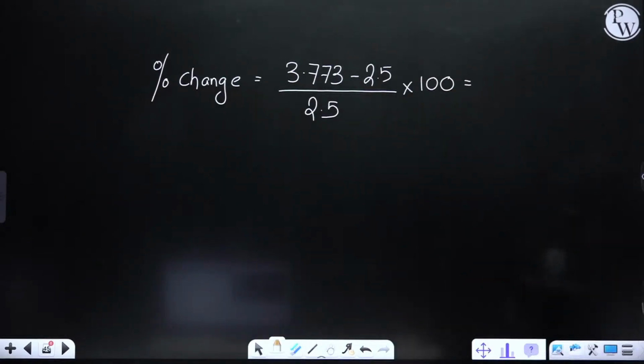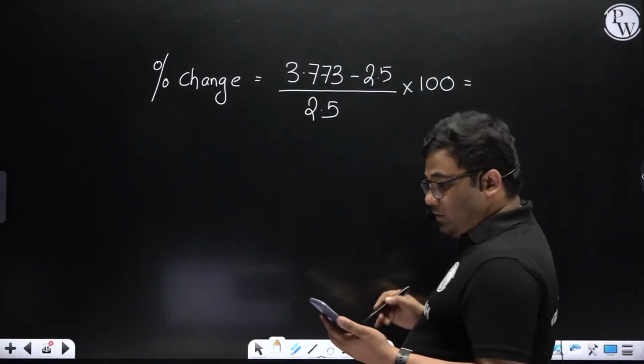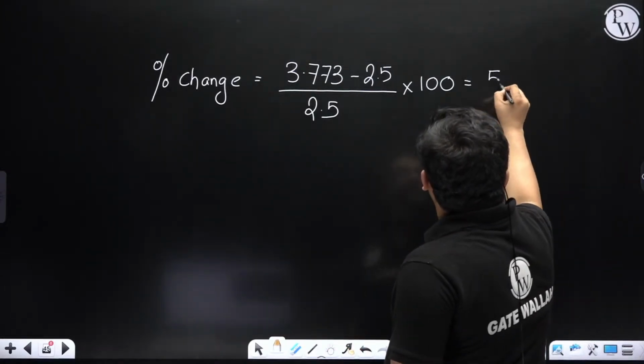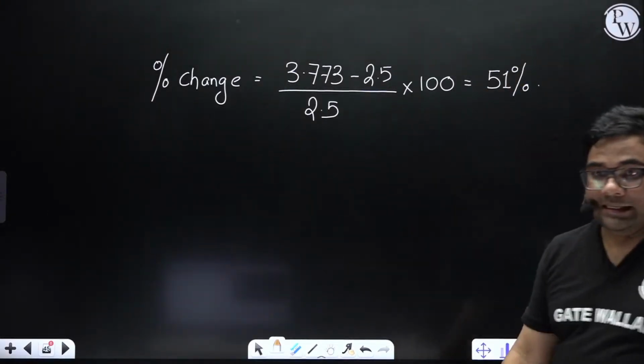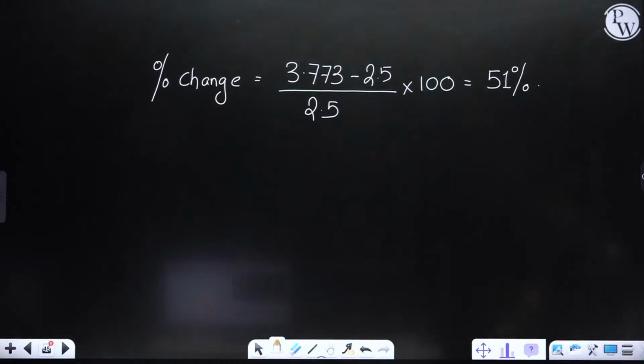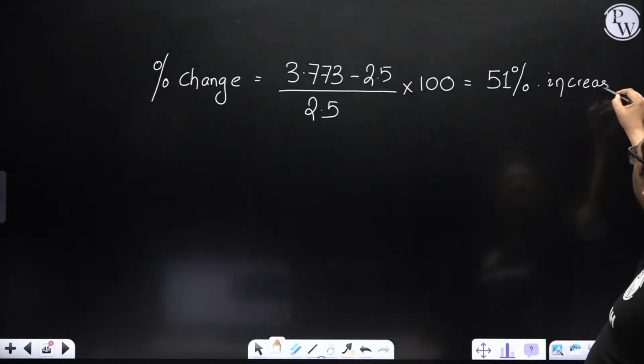So (3.773 minus 2.5) divided by 2.5, into 100. I'm getting 50.92, so almost 51% increase. So you see, with one question we understood many concepts, right?